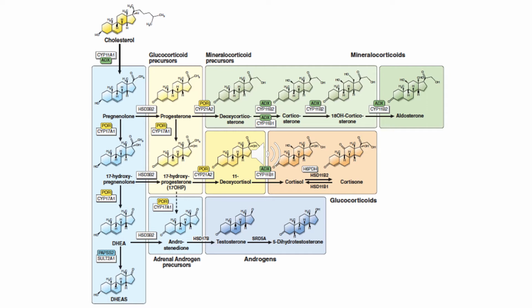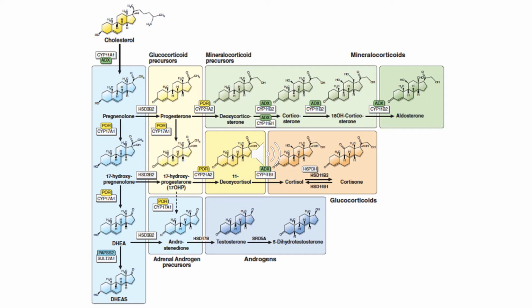The initial hormone-dependent, rate-limiting step is the transport of intracellular cholesterol from the outer to inner mitochondrial membrane for conversion to pregnenolone by cytochrome P450 side chain cleavage enzyme.